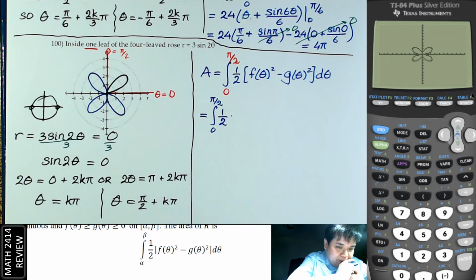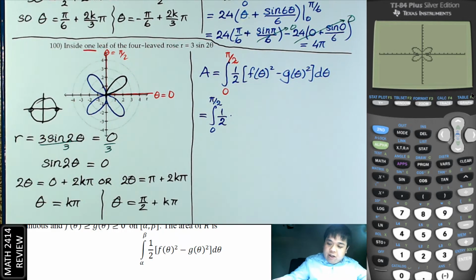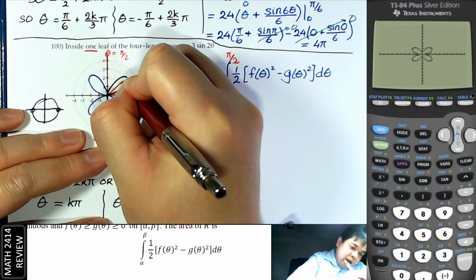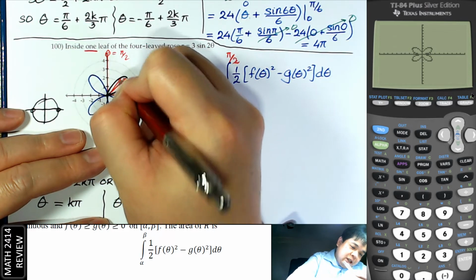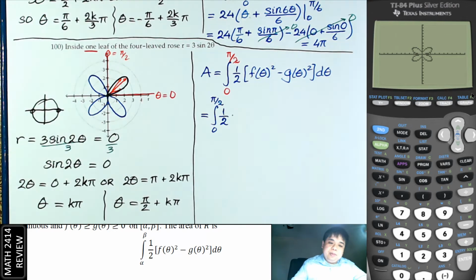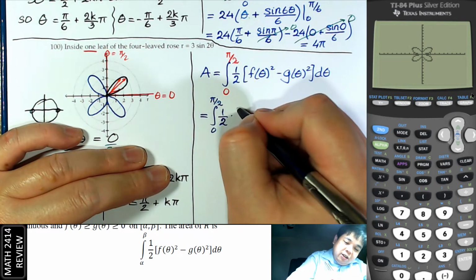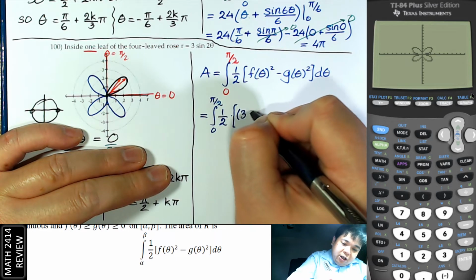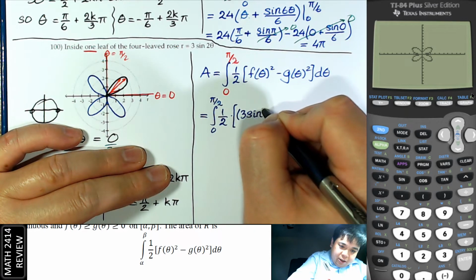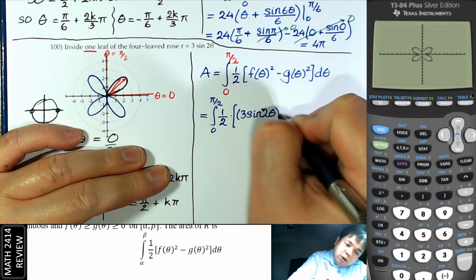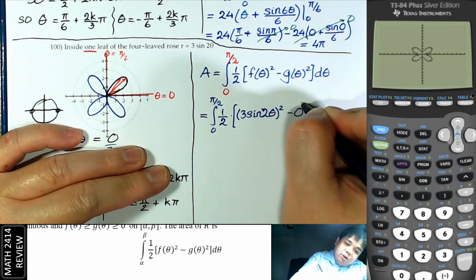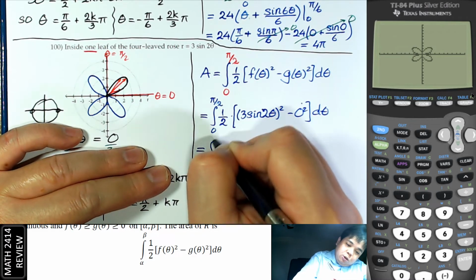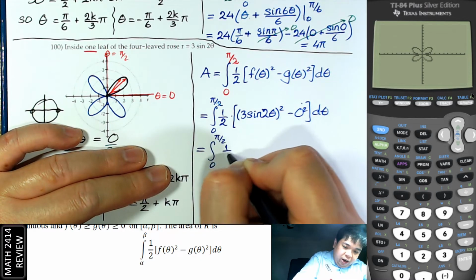Right. Now, again, if we look from the inside, from the center, from the origin, from the pole, looking out, we only see the rose. So that will be the function. 3 sine of 2 theta square, and then g will be 0. 0 to pi over 2, 1/2.